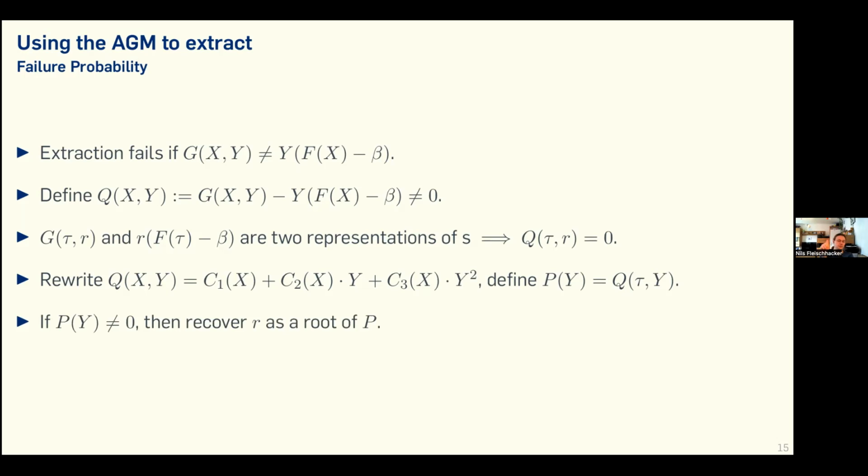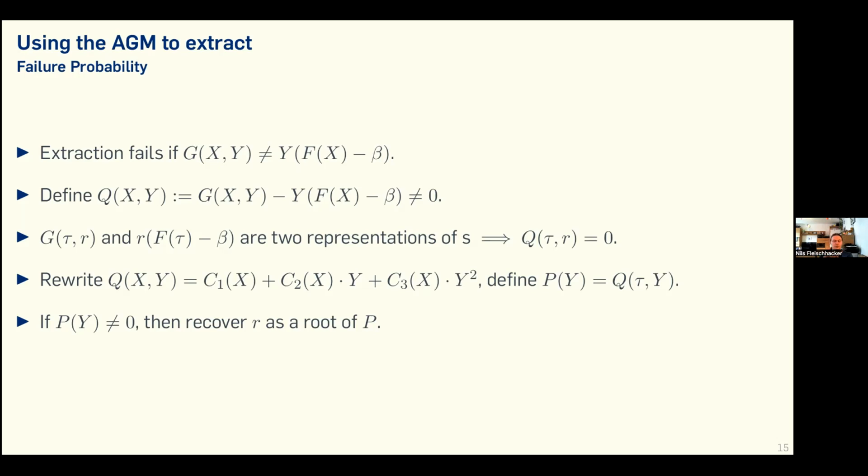We have the case that p of y is not a zero polynomial. Well, if p is not a zero polynomial, but we know that p evaluated at position r is 0, then that means this is a non-zero polynomial with a root at position r, which means we can factor this polynomial. We can find the roots of it, and one of those roots will be r, which means we can recover r from the roots of p.